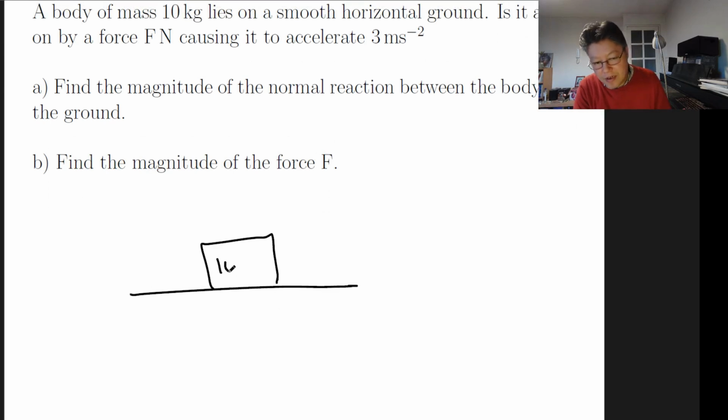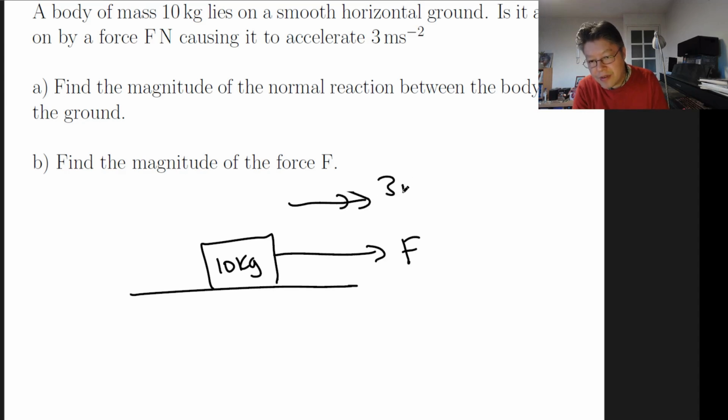So that's 10 kilograms. This time the force is the unknown, so F is unknown, but we know what the acceleration is. That's 3 meters per second squared, and we have a weight of 10g and a normal reaction R.